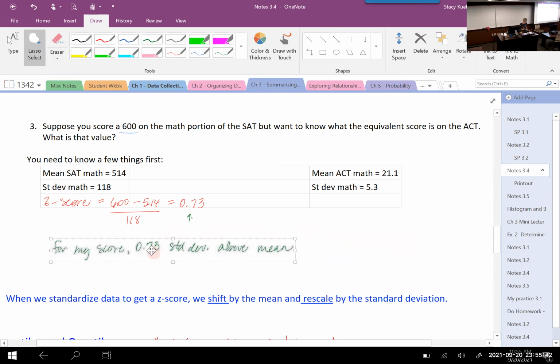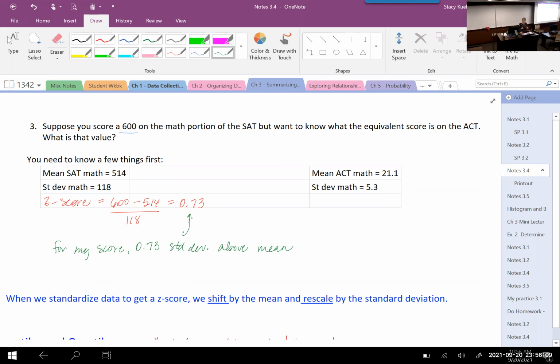Okay, so I found out that my score is 0.73 standard deviations above the mean. So I want to convert that. What would I have to score then on an ACT? Well, the ACT is going to be some value, but it's got to be 0.73 standard deviations above the mean, doesn't it?